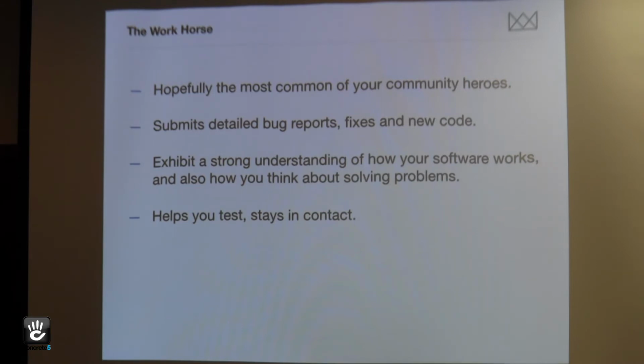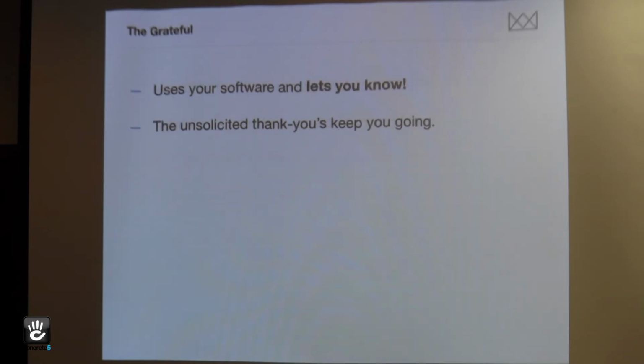You're dealing with people who speak different languages and work in different time zones and are different ages. It's a wide world out there. So if you can find someone with whom you communicate on the same wavelength, that's a big help. And they stay in contact, which is another important thing.